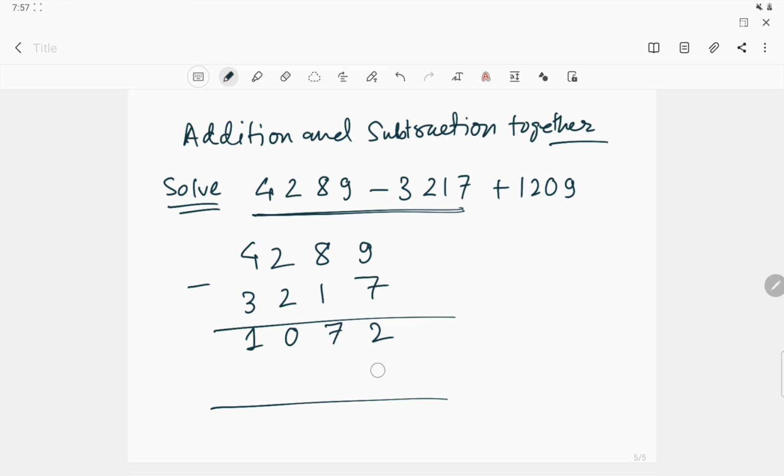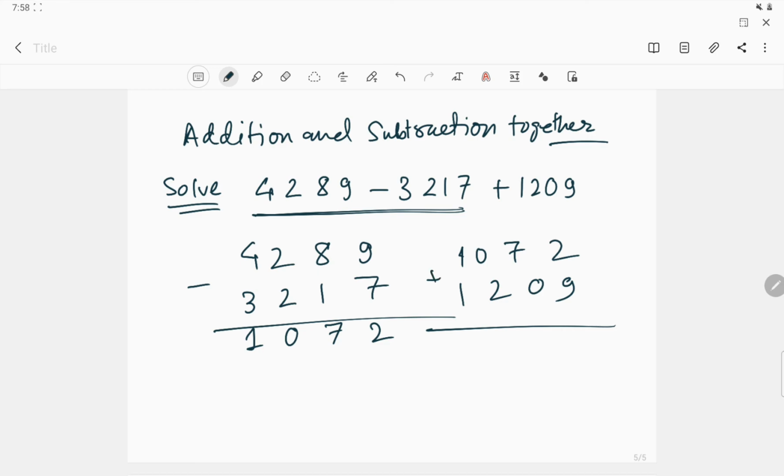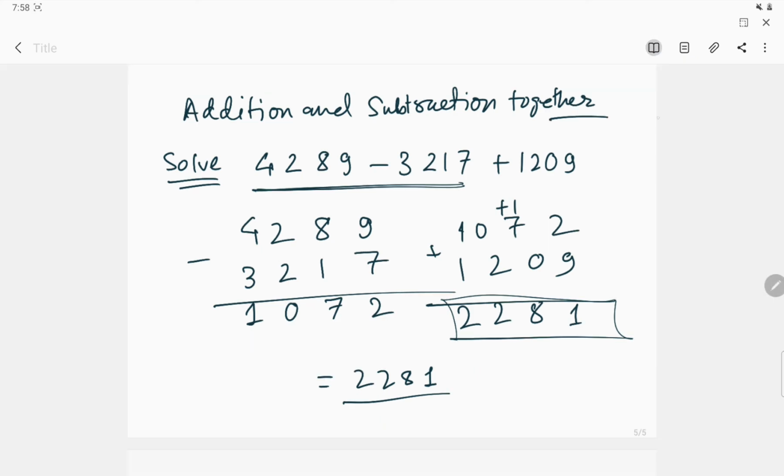So now add 1072 and 1209. So 9 plus 2 is 11, so carry 1, so 7 plus 0 plus 1 it will be 8, 2 and 2. So ultimate result will be 2281, right?